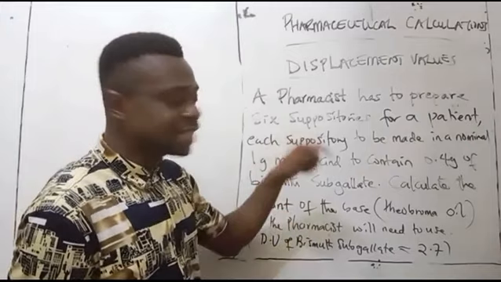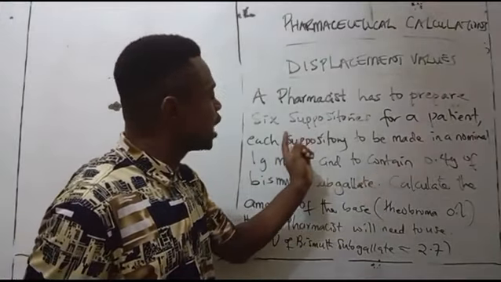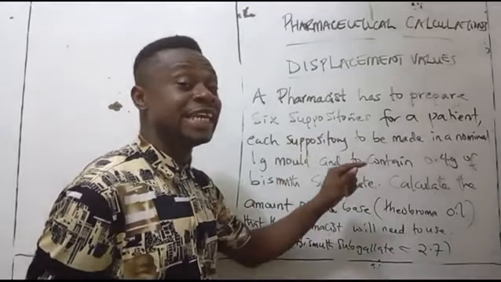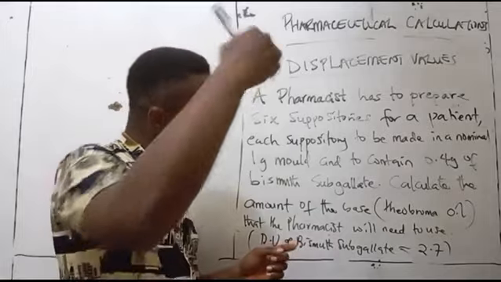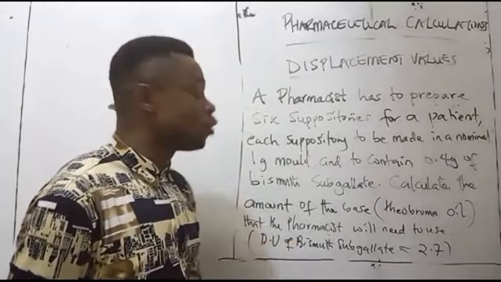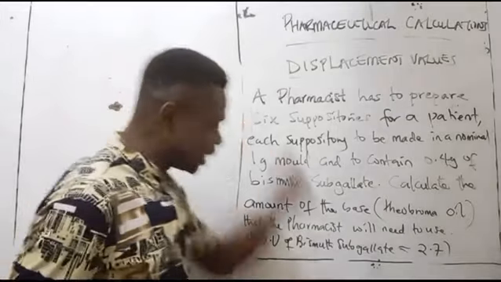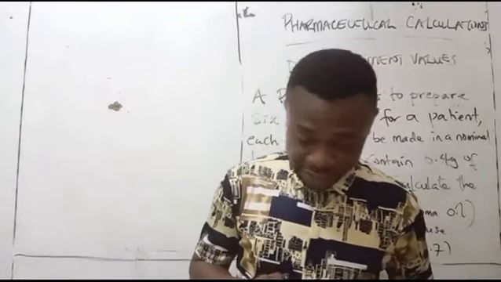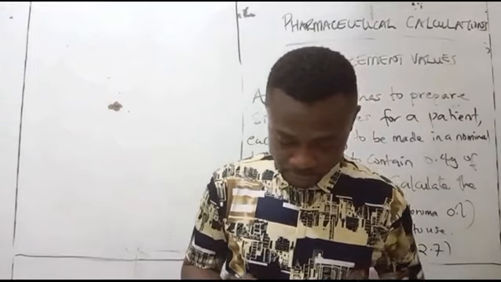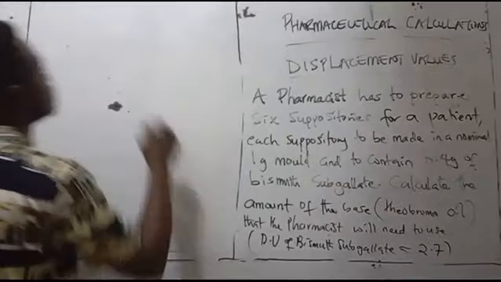So whatever amount of theobromine oil will be displaced, you remove it so that you can incorporate the bismuth subgallate. So now let's solve this question. Okay, so solution.